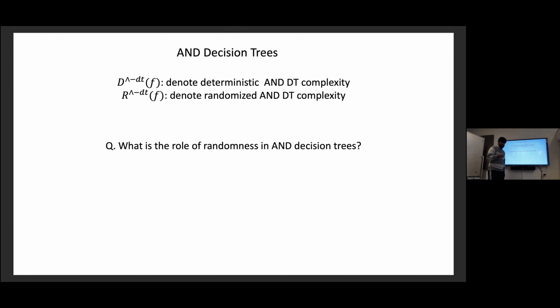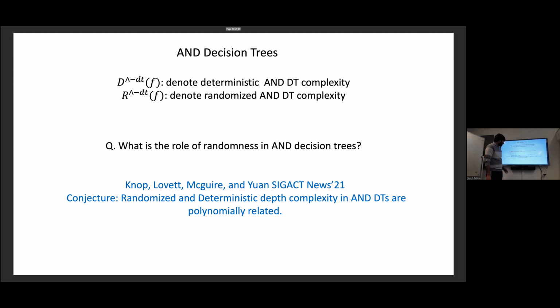So again we can ask these questions: what is the role of randomness in AND decision trees? This question was asked by Lovett and Yuan in a survey in SICOMP, where they conjectured that randomized and deterministic depth complexity in AND decision trees must be polynomially related.